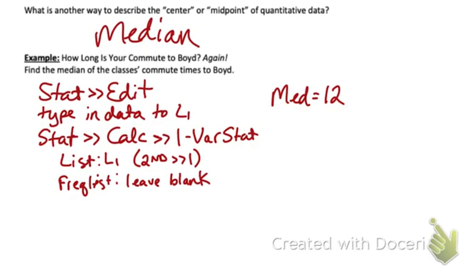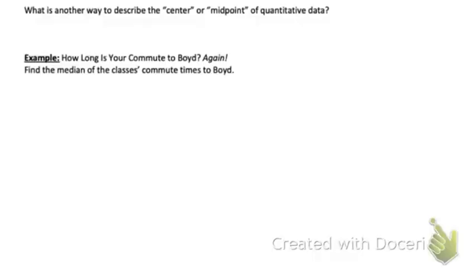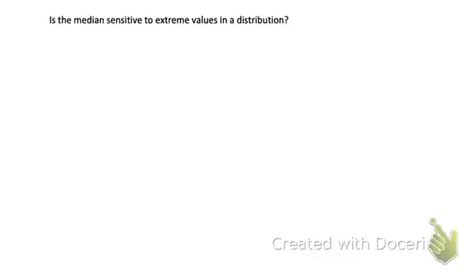Yeah, so here's the deal about median and outliers. I'm going to skip something real quick. Is the median sensitive to extreme values in the distribution? Now, for our specific example, the median did change a little bit. It went from one number down to the next. But that's because we had a small set of data.